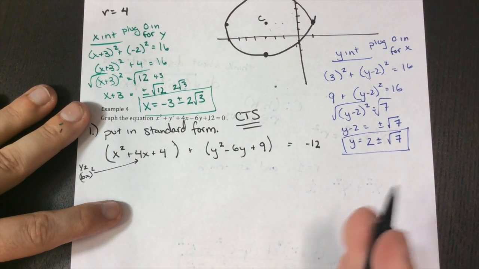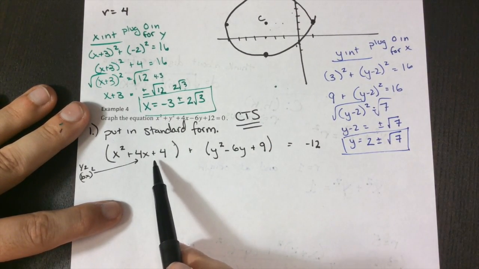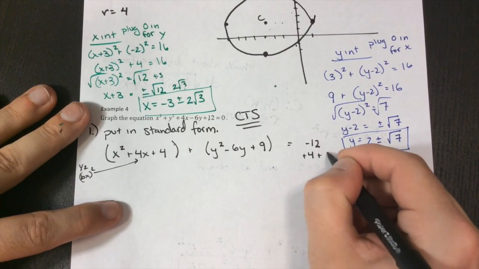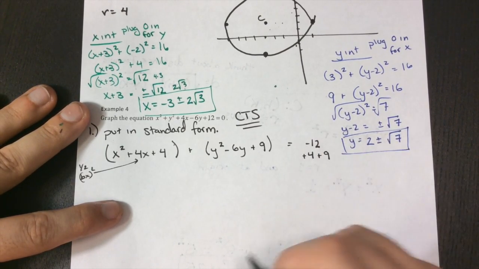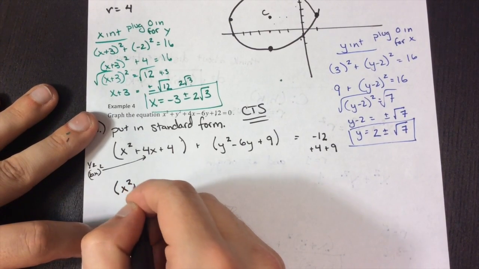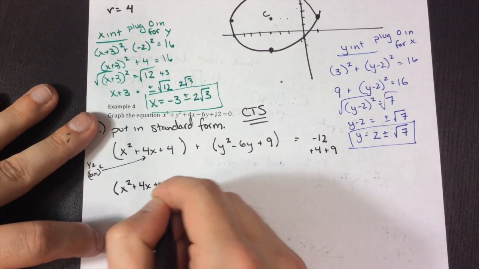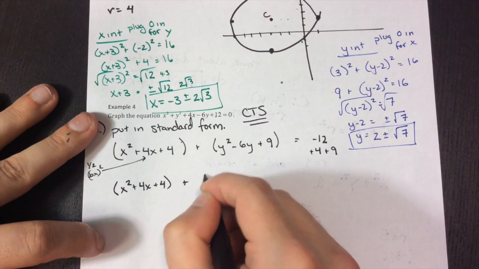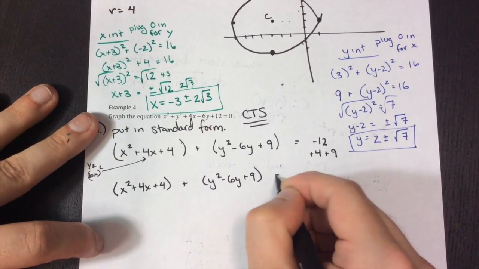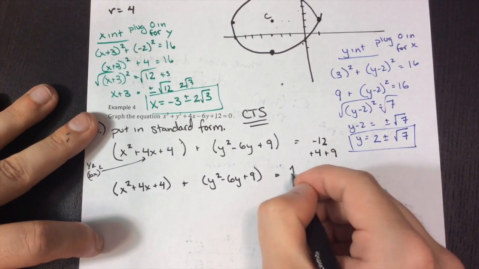And to keep everything balanced, whatever we do to one side, we do to the other. So I'm going to add 4, I'm going to add 9 to the other side. Now this leaves me with a perfect square trinomial on both of these because I just completed the square. -12 plus 13 is 1.